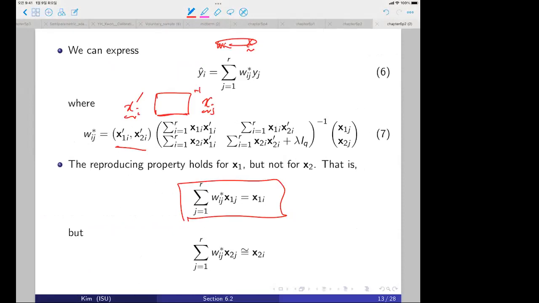If you increase lambda a lot... Let's consider two extremes. One is lambda goes to 0, the other extreme is lambda goes to infinity. Lambda goes to 0 means just the regression calibration, right? Regression using x1 and x2.